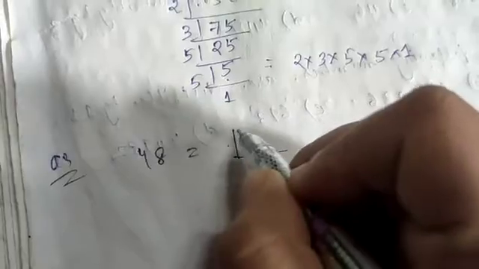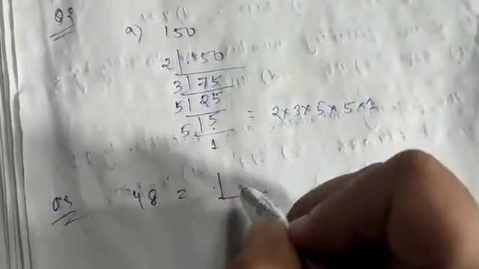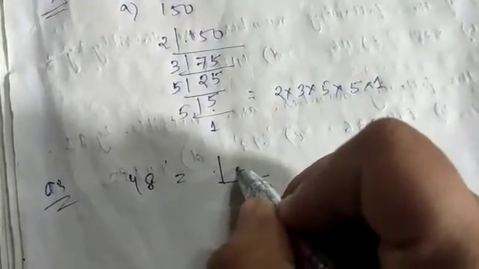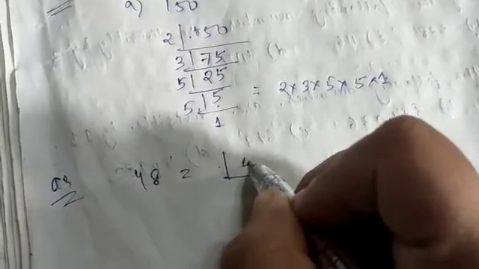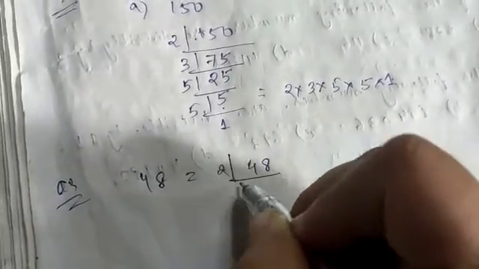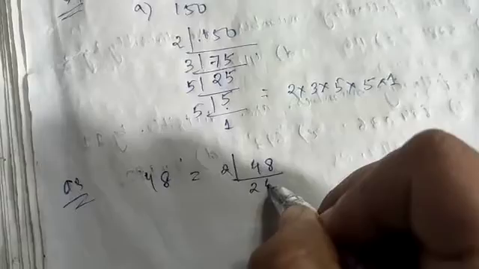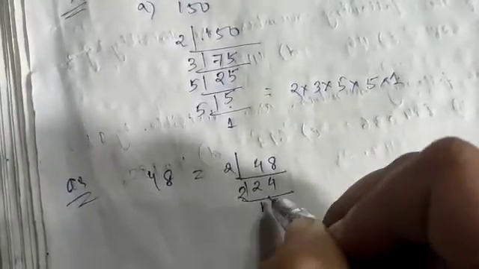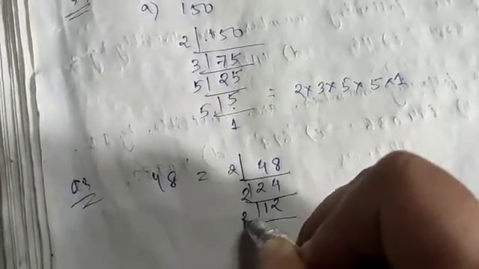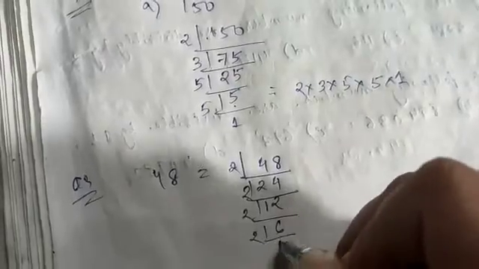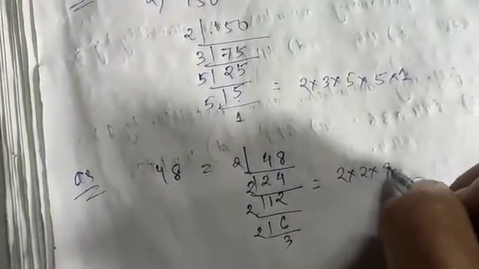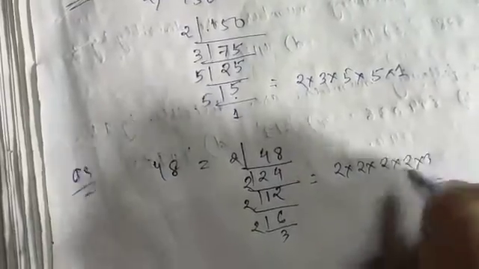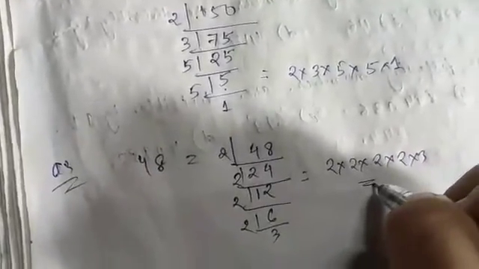We are using the prime factors method. So let's take 48. 2 twos are 4, 2 fours are 8, 2 ones are 2, 2 twos are 4, 2 sixes are 12, 2 threes are 6. Now what did we get? We have 2 into 2 into 2 into 2 into 3.